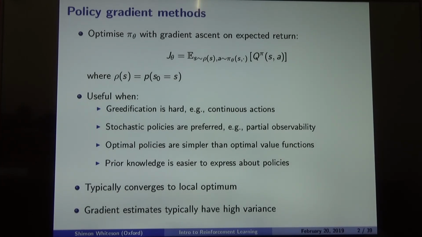Okay, so I mentioned earlier today, all this function approximation enables us to deal nicely with continuous state spaces. It doesn't yet let us deal with continuous actions, because even if we can represent the value function for continuous states and actions, we don't know how to perform the maximization.